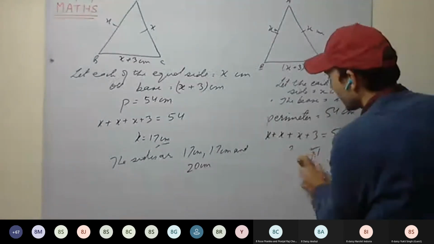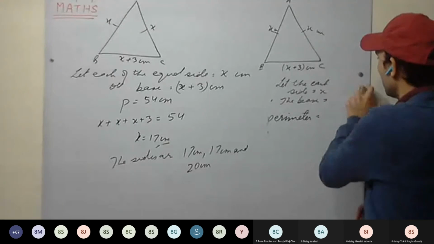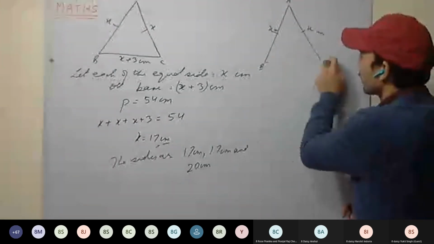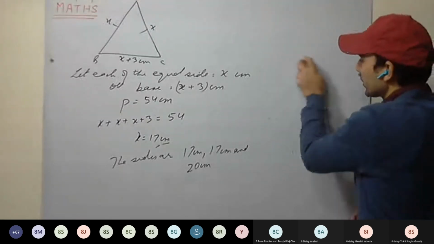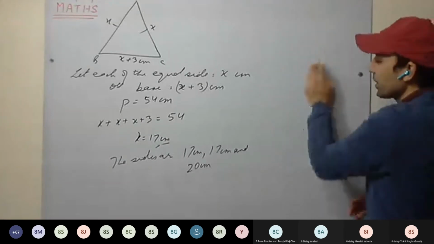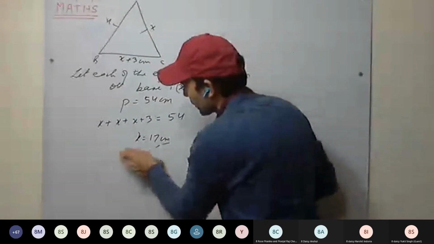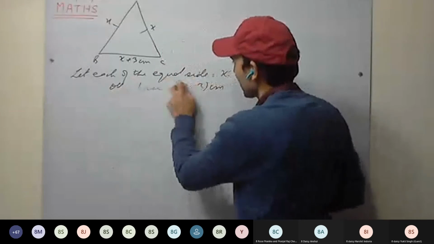Okay, now a little bit of inequations we will discuss. Till now we have discussed equations where the left hand side is equal to the right hand side. In inequations, they are not equal. They may be equal, but there is a sign of greater than or less than.